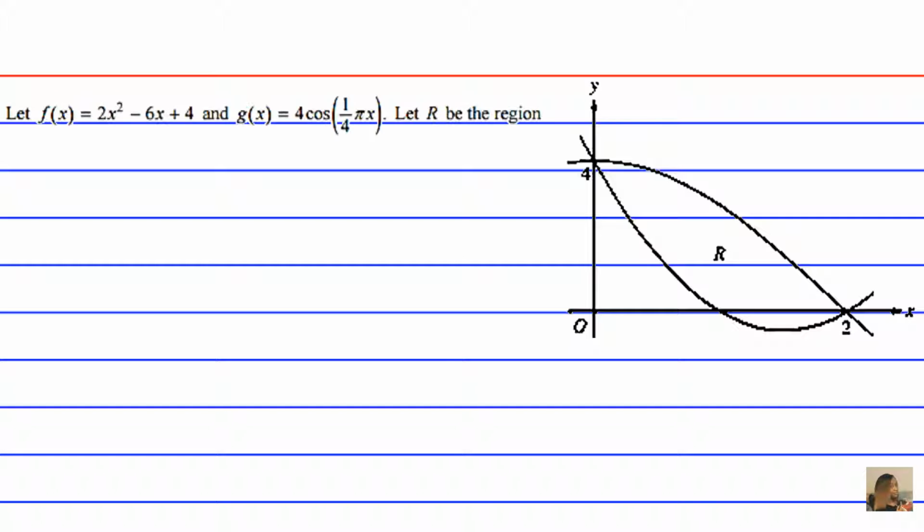Okay, so let f of x equals 2x squared minus 6x plus 4, this curve right here, and g of x equals 4 times the cosine of 1/4 pi x, this curve right here.